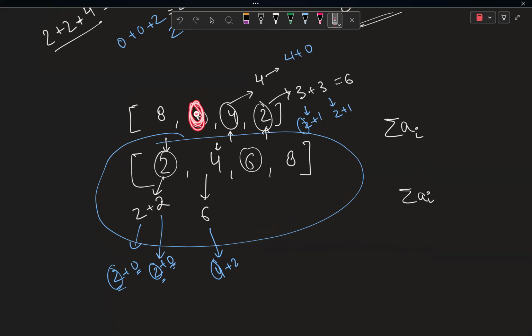Like if you buy a ticket on this day, then the increase in cost will be 2 here. Similarly, if you buy 2 tickets here, then the increase in cost will be 2 here. So at the end of the day, it will just be the same thing coming up here and there, right?